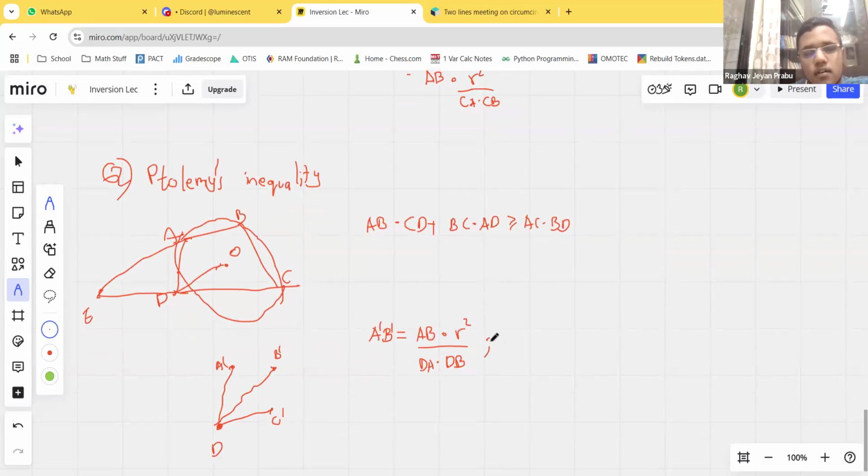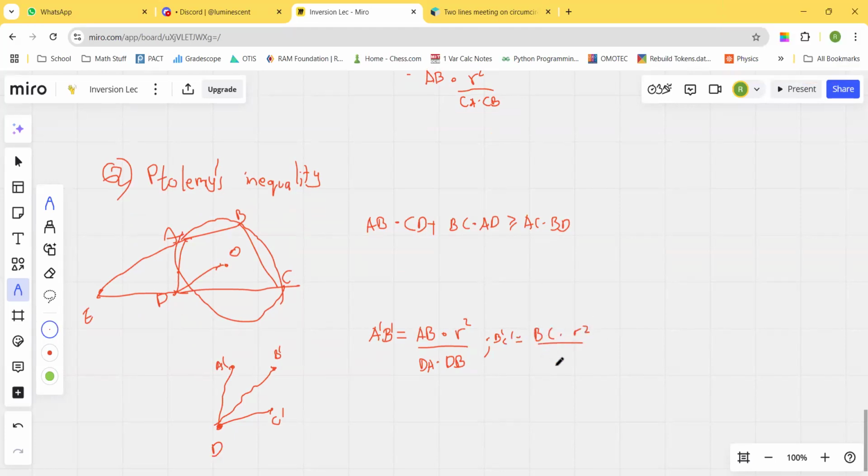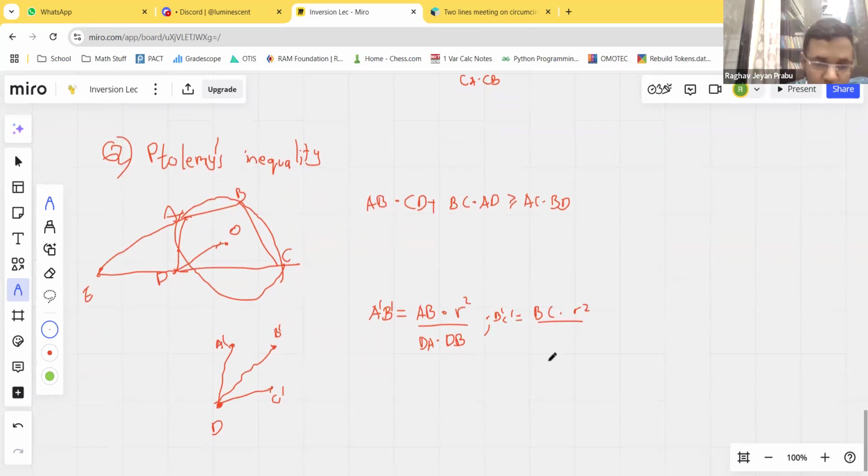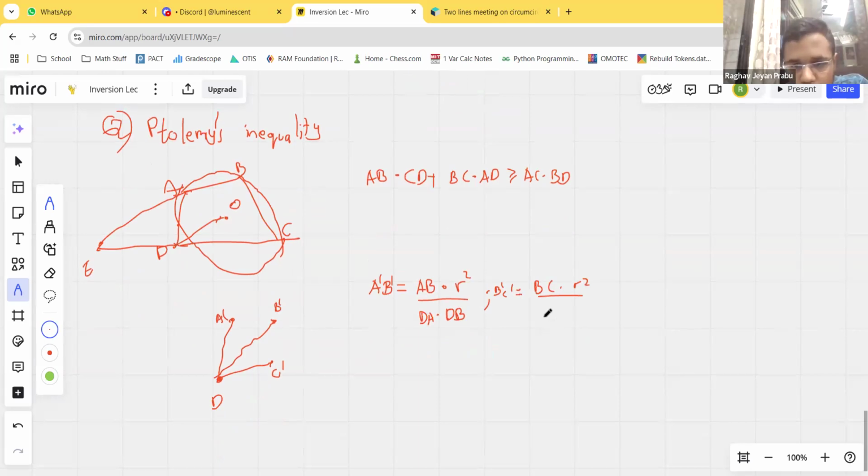And you have B dash C dash equal to BC times R square by dB times dC. So we can do this for all of them and then apply the triangle inequality. Right. Correct.